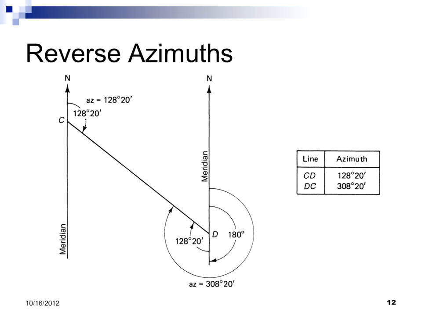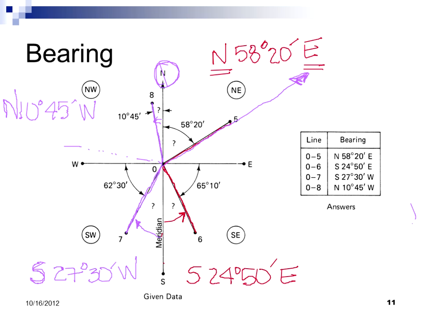Having said that, there are now what are called reverse azimuths and reverse bearings. If you're heading in one direction and you make a 180-degree turn, you are now heading the opposite direction back down the same line.